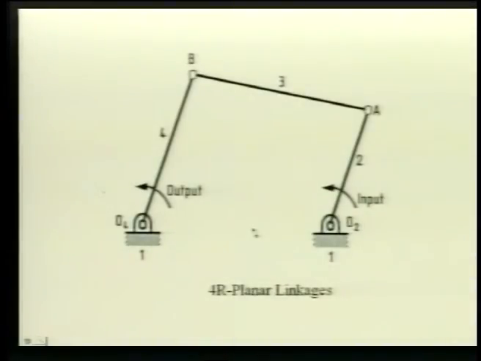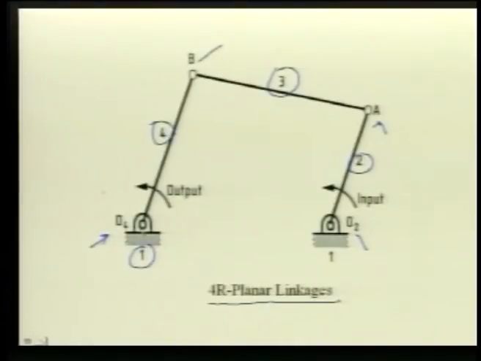As an example, let us look at this planar mechanism. This is called a 4R planar linkage. Here we have 4 rigid bodies, namely 1, 2, 3 and 4, which are connected by 4 revolute pairs at O2, A, B and O4. As this linkage moves, the input motion is transferred to the output motion through this rigid body 3.